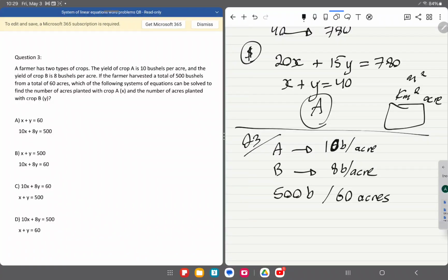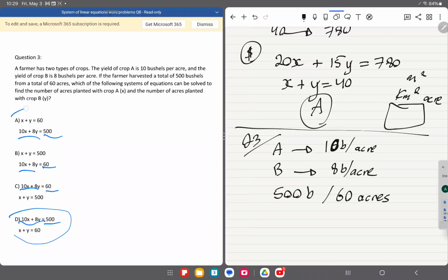So I have over here x plus y is equal to 60, 10x plus, I'm going to look at the solution over here. I'm going to look first here. x plus y is 60, x plus y is 500. So you don't have a consistent something that is similar in all equations. You've got 10x plus 8y is 500, 10x plus y is 60, 10x is 60, 10x is 500.